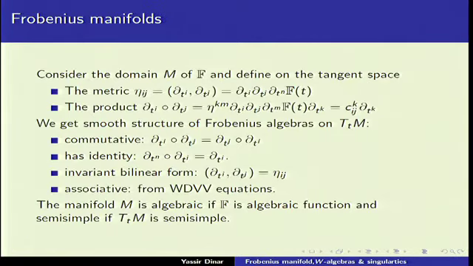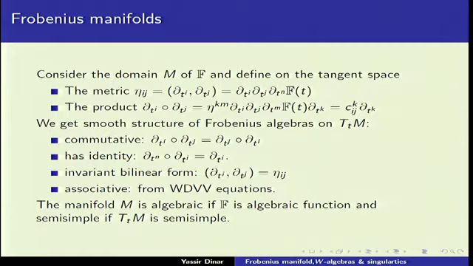So the Frobenius manifold, geometrically, as defined by Dubrovin, uses the constant matrix eta ij to define a metric on the tangent space of your domain. And you define a product by the third derivative of your potential f of t, just raising the index.